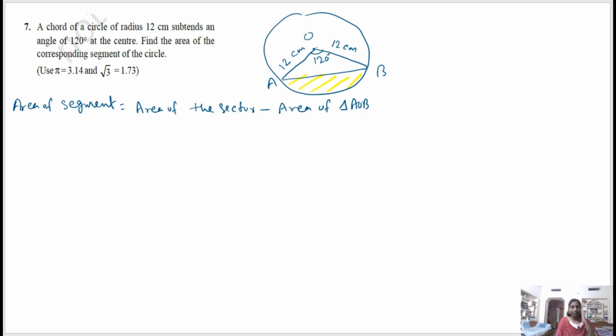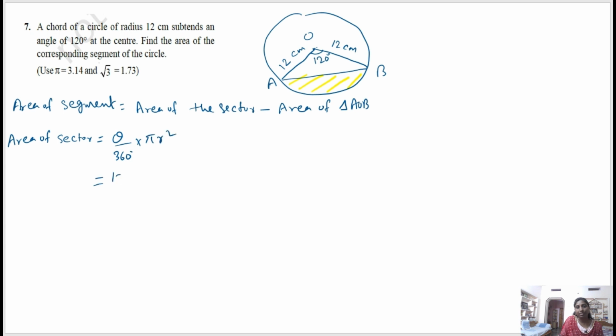Okay, first we will find out the area of the sector. So area of sector is equal to theta by 360 into pi r square.